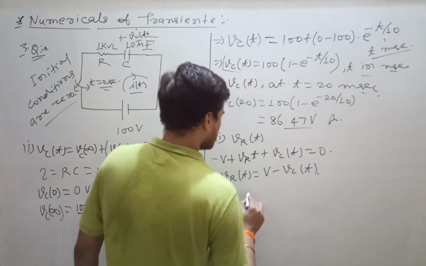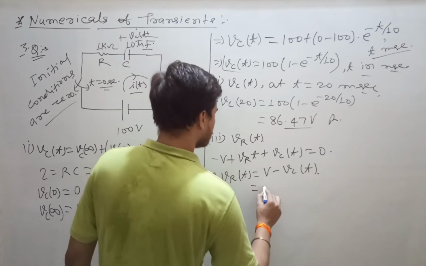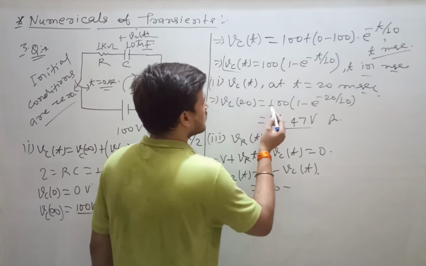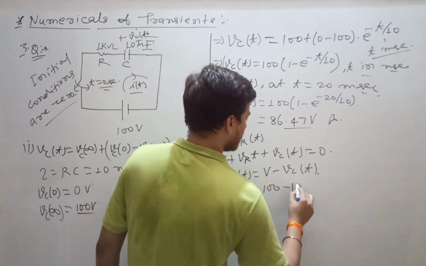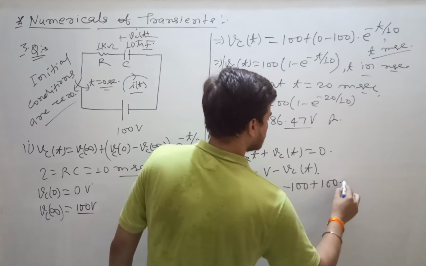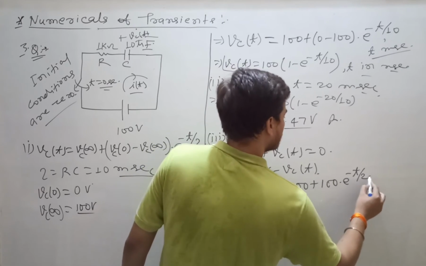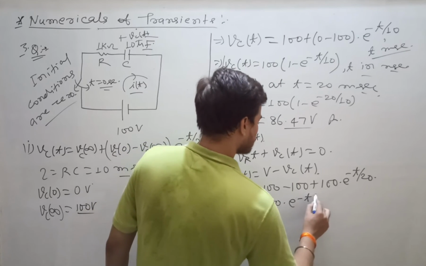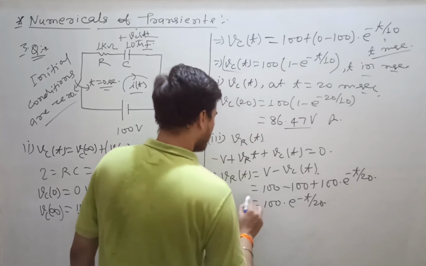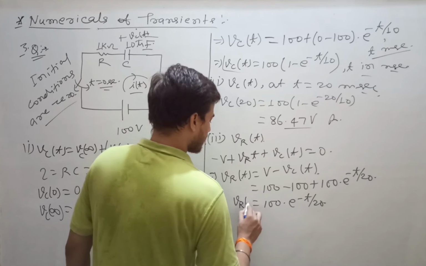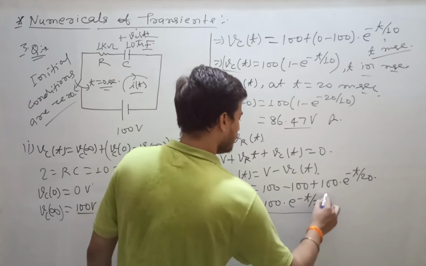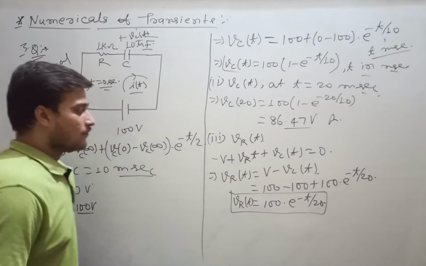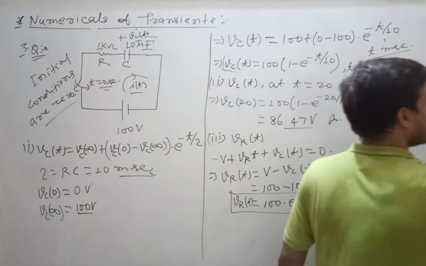Here V is equal to 100 minus VCT, so 100 minus 100 into (1 minus e to the power minus t by 10). From here it is coming 100 into e to the power minus t by 10, where t is in millisecond. Clear? So this is the expression for the voltage across this resistance.